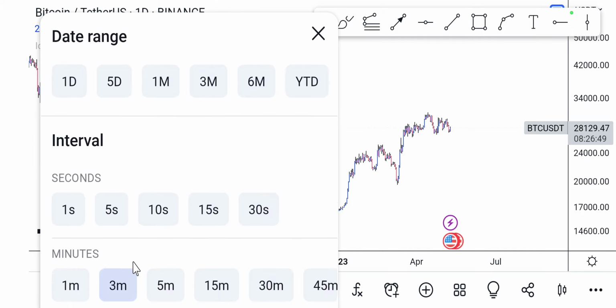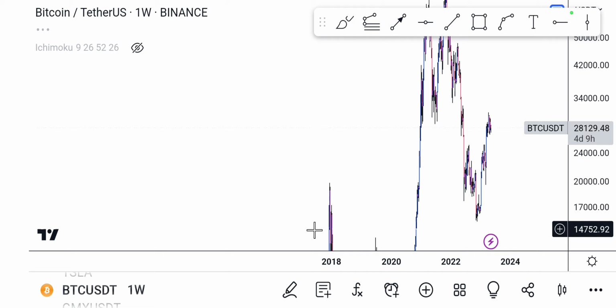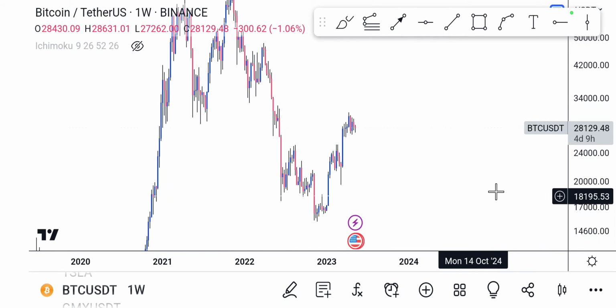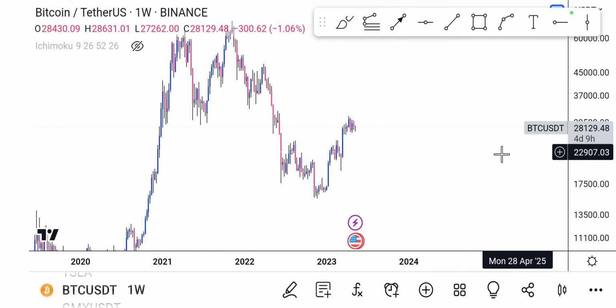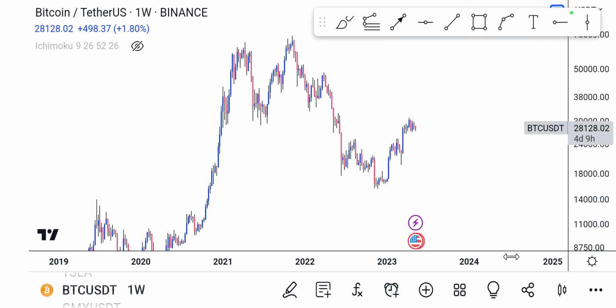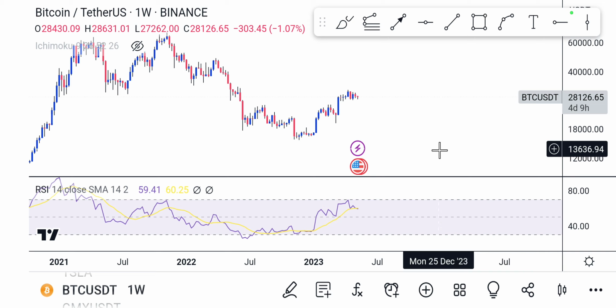Yes, I have something to share with you guys. So let's start from weekly time frame here, and I'm going to use this Ichimoku at the top right side of my chart. I'm going to use the default settings and the double cloud settings and explain it very well. At the same time, I will try to make sure this video is not too lengthy for you guys to watch. Okay, so let me start with this.